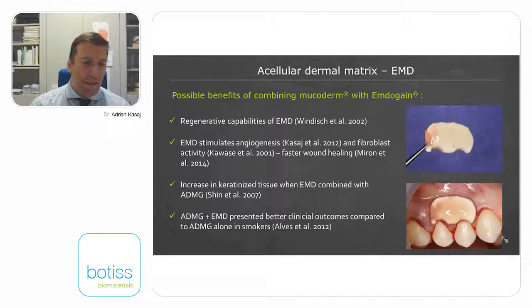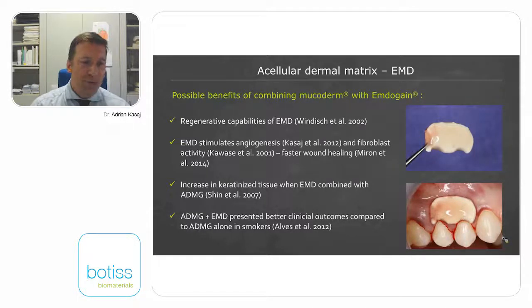On the other side, we might also experience a benefit at the interface of the mucoderm matrix and the inner side of the flap. We know that Emdogain improves the early wound healing by stimulating angiogenesis, has anti-inflammatory effects, and so it might compensate for the avascularity of the mucoderm matrix.